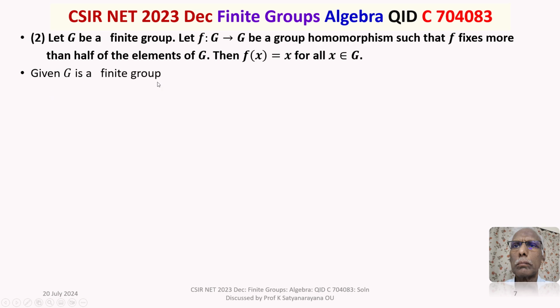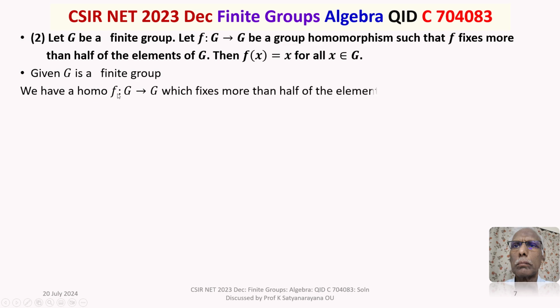We are given G is a finite group, and we have a given homomorphism f from G to G, and this fixes more than half of the elements of G. Fixing means f of x is equal to x.